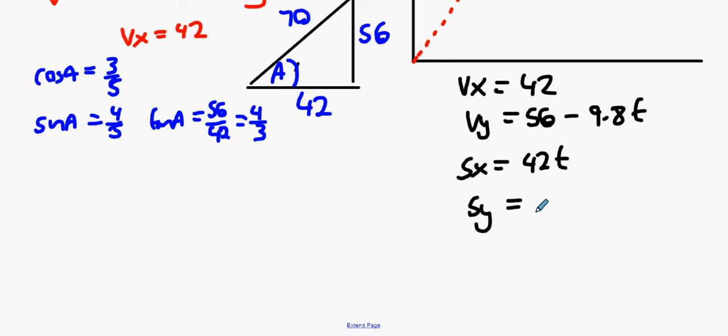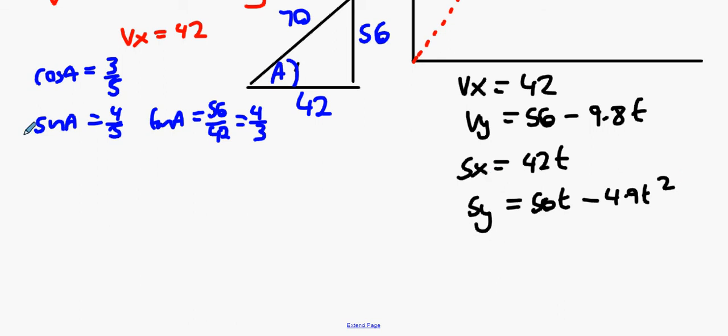Sx is 42t. Sy is 56t minus a half, so minus 4.9t squared. Is that okay? So, that is your four formulas.